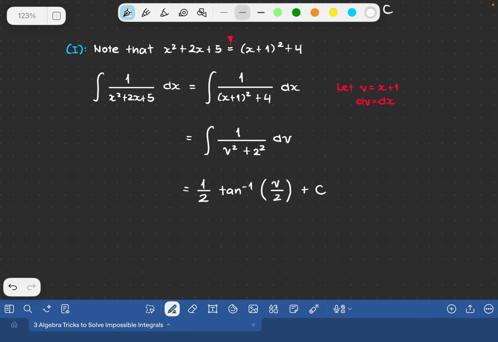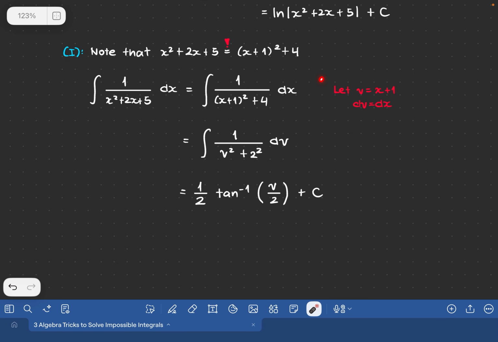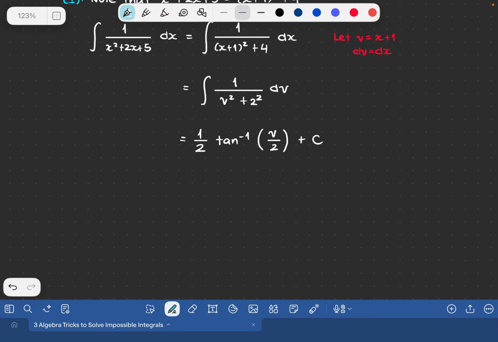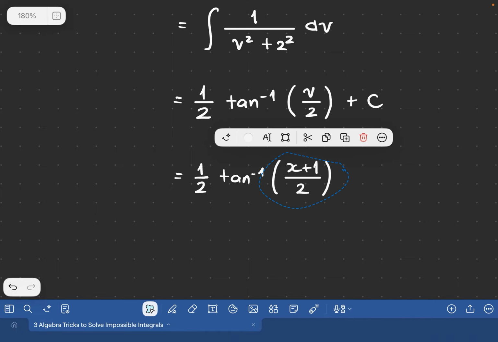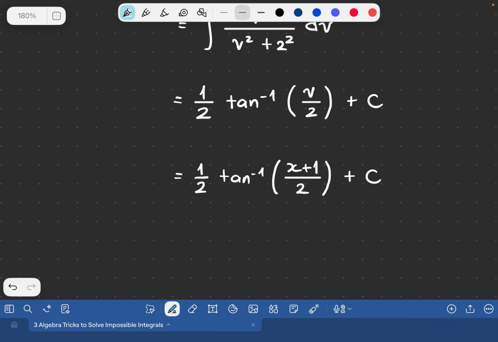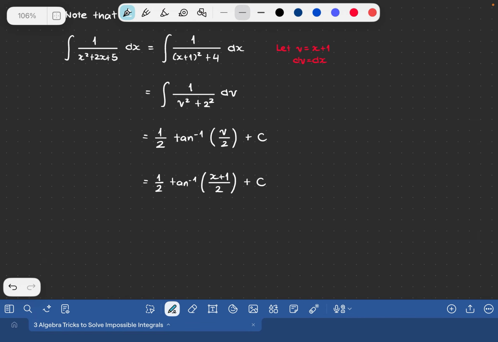Then again, we started with x, we must end with x. We use this relationship out here, so this one will just become 1/2 of tangent inverse of x plus 1 all over 2.